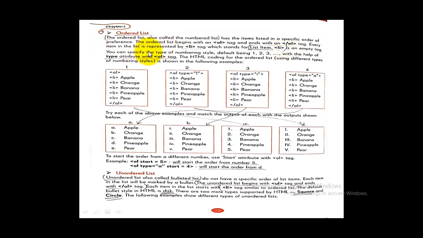Now every item in the list is represented by LI. LI tag stands for list item. L is for list and I is for item, list item. Now LI is an empty tag. You can specify the type of numbering style, the default being 1 2 3.